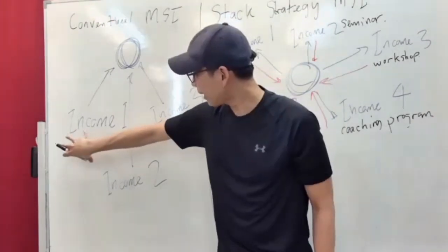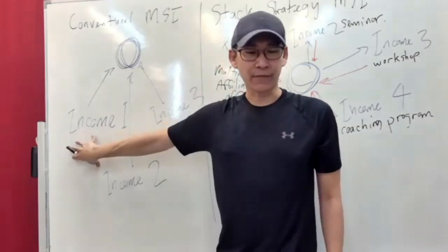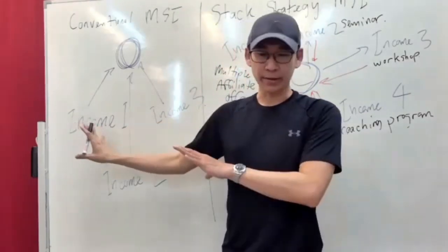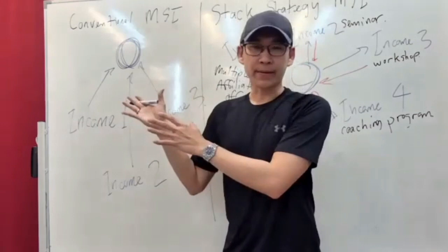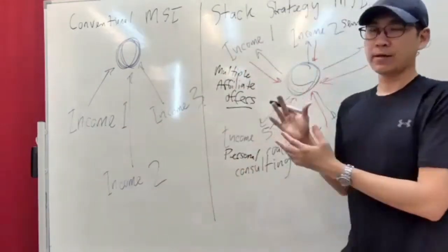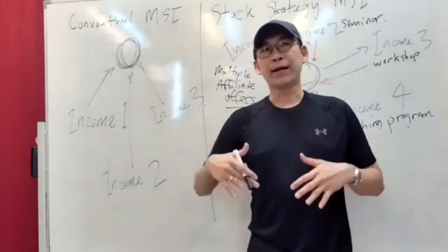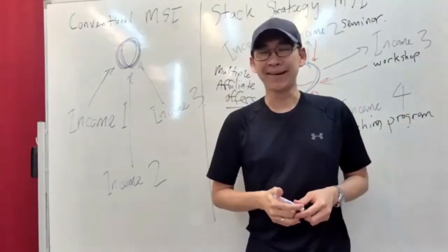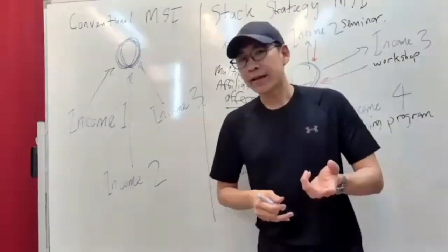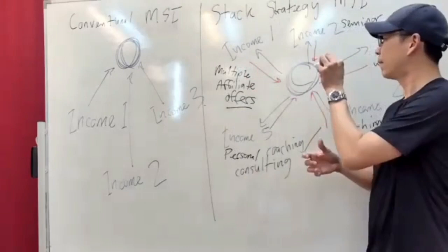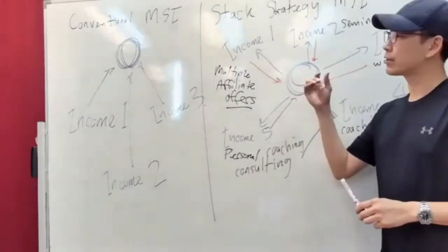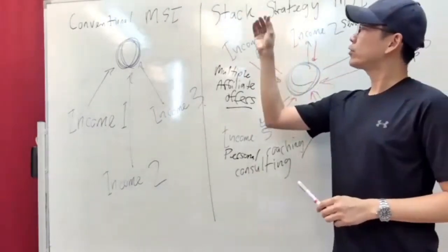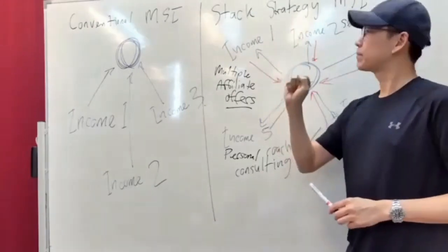Do you understand how many layers of effort that is required in a conventional MSI? Whereas in this, I could be generating income like next month, right? Because every day I focus on just building the core business. So this is what the stack strategy concept is.